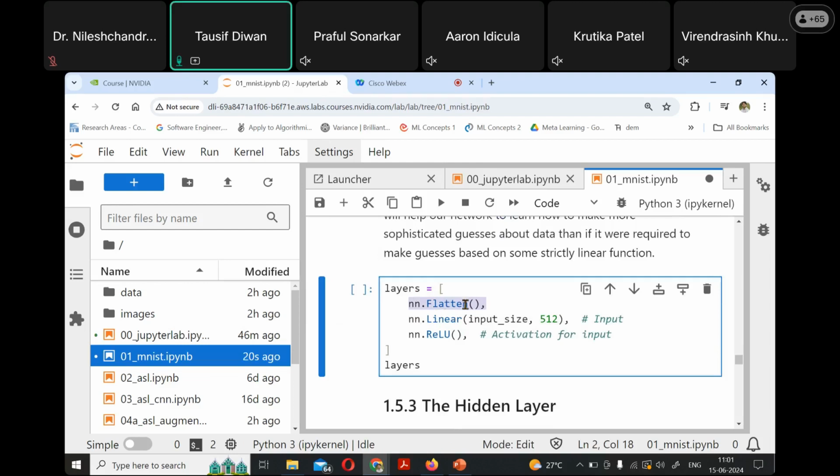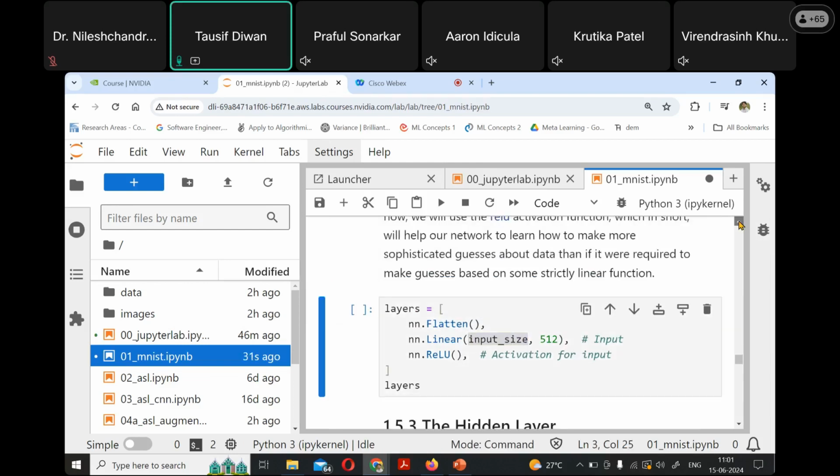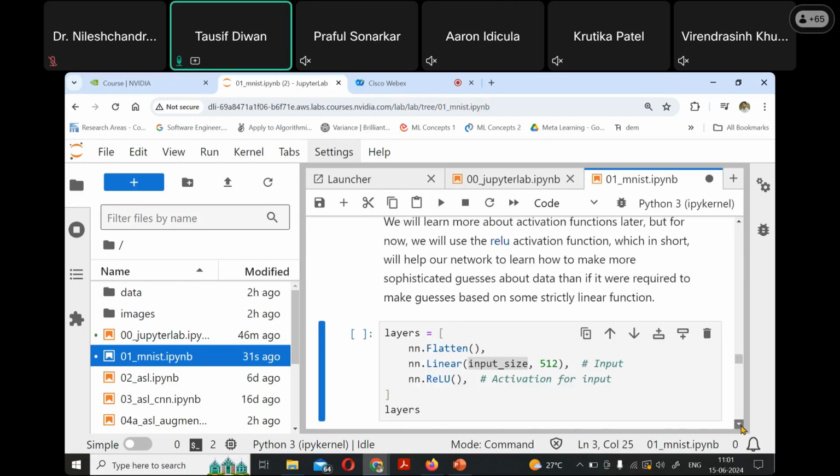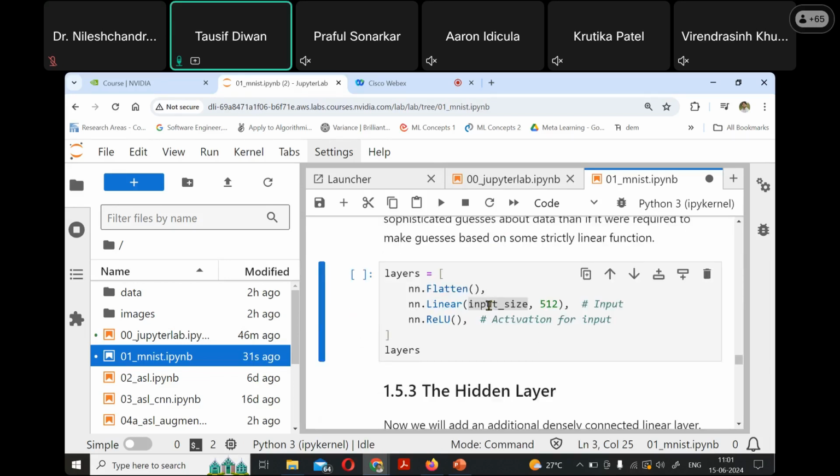After converting the matrix into a vector, we have the input size that we just defined: 28 multiplied by 28, that is nothing but 784.